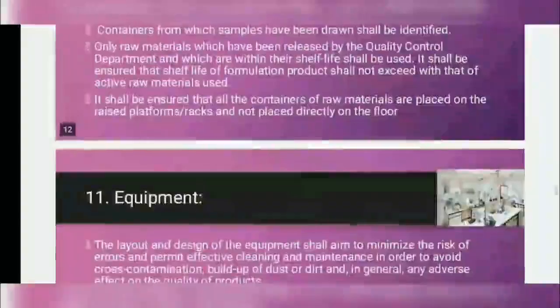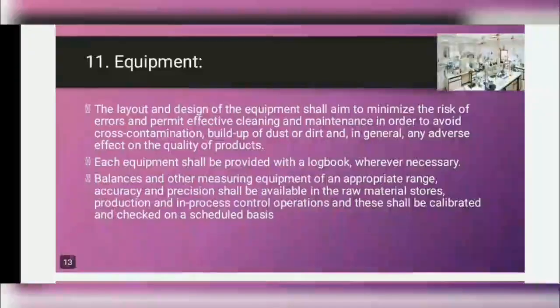Now come to the GMP requirements of equipment. So what are the GMP requirements of equipment? The layout and design of equipment must aim to minimize the risk of errors and permit effective cleaning and maintenance in order to avoid contamination, buildup of dust, or any adverse effect on the quality of product.